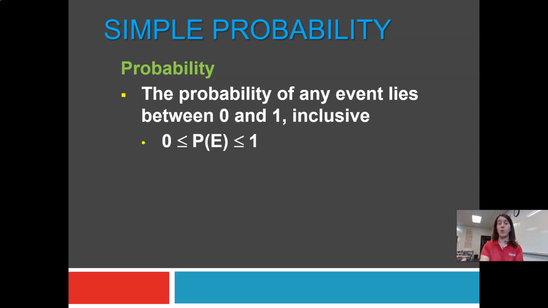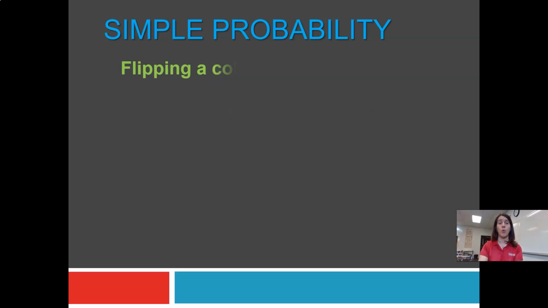If you have a probability of 1, it's definitely going to happen. Like in the Bible, when it says Christ is going to return, well, that is definitely going to happen. That is a 100% chance of it. So that would be a probability of 1. Most probabilities that we will have, though, will be written in a fraction format, which is why they fall in between 0 and 1.